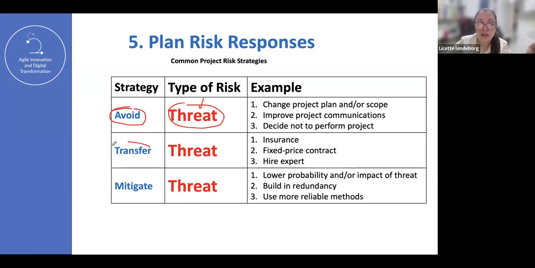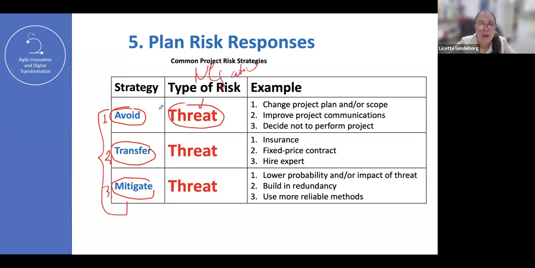You can transfer the event to a third-party company and buy a premium insurance, or you can mitigate the risk. So for the negative risks, we have 3 strategies. Number 1, avoid. Number 2, transfer. Number 3, mitigate.